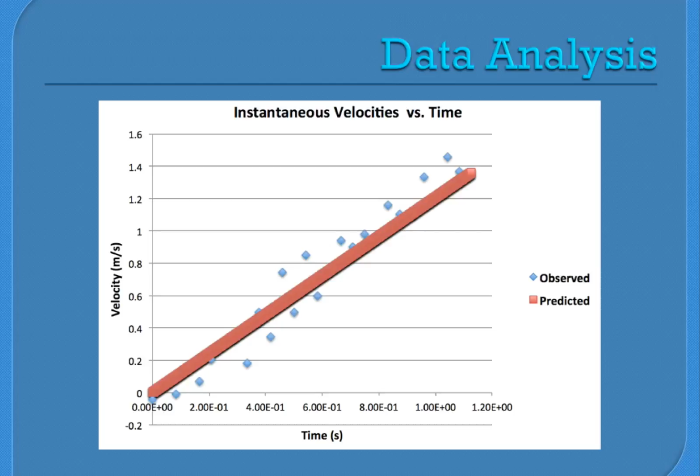So even though I didn't know the value of the acceleration yet, I was able to determine from the predicted and observed velocity graphs that I did have constant acceleration with this model. And that makes sense because the forces that were acting on this system were constant.